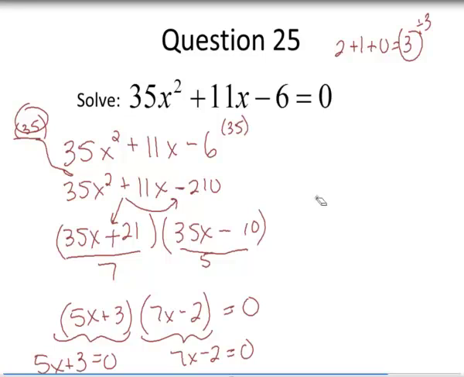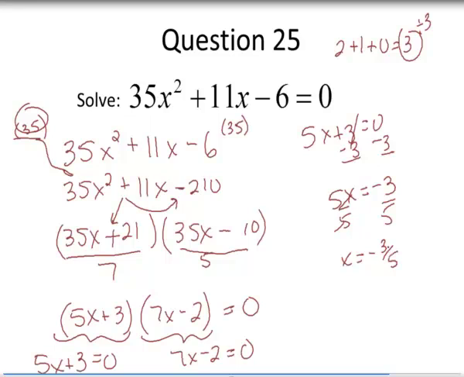Okay, so when we solve 5x plus 3 equal to 0, we're going to subtract 3 from both sides, right? So we get 5x equals negative 3, and then we divide both sides by 5. So we get that x equals negative 3/5. That's one of the answers. Let's do the other one. 7x minus 2 equal to 0.